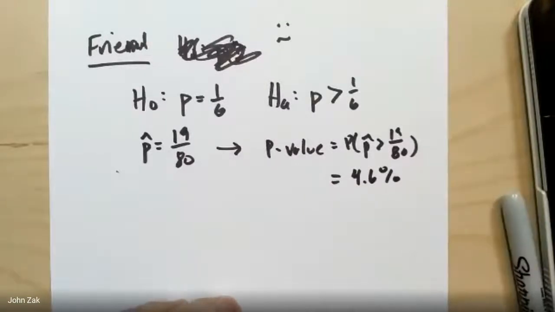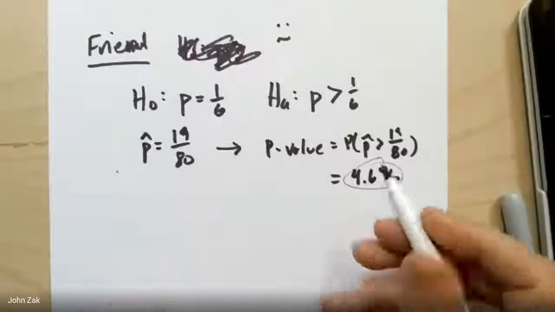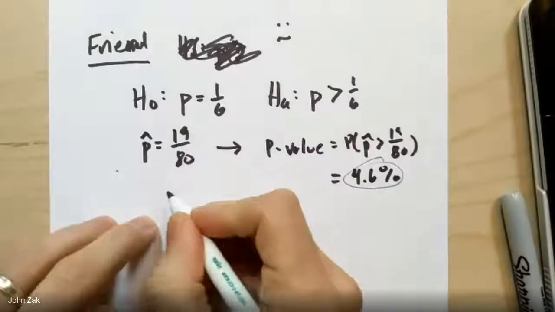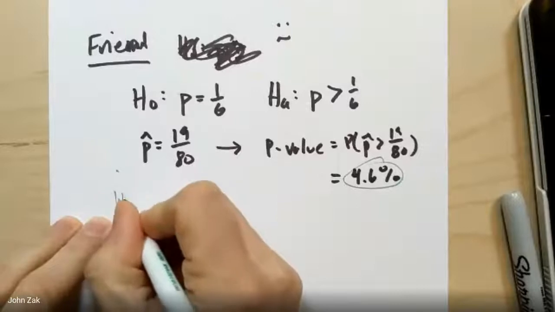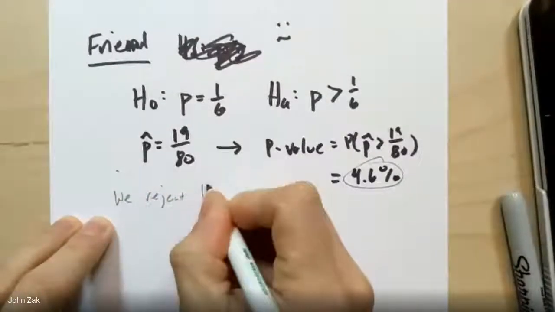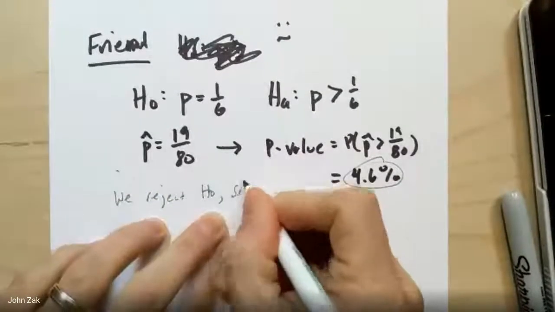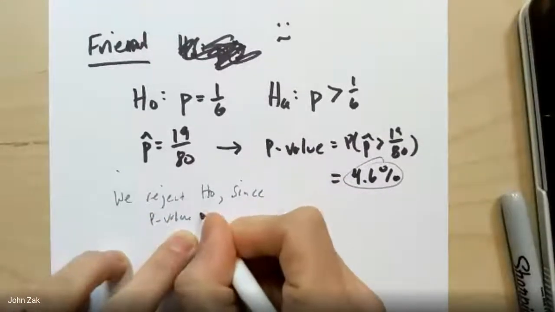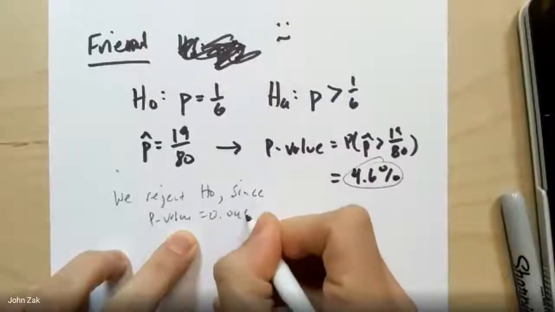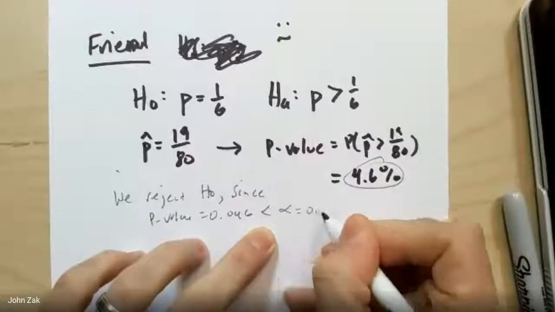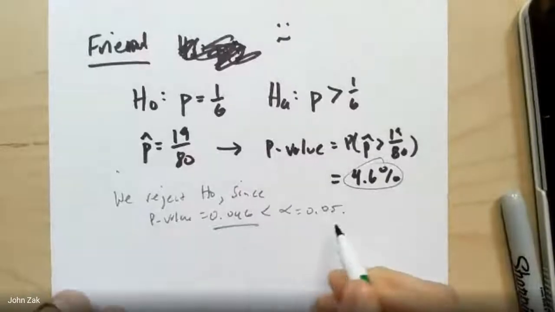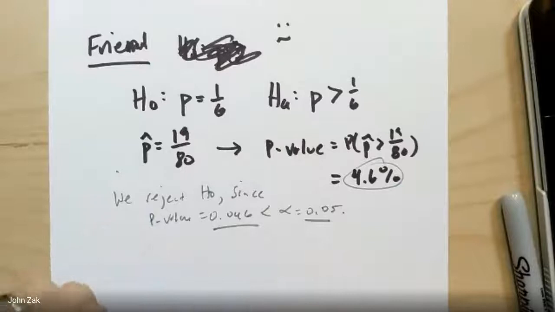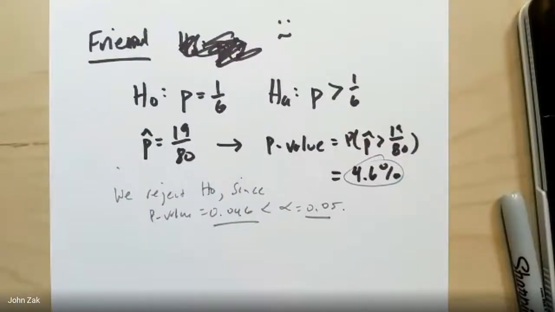And therefore, we said we reject the null hypothesis since the p-value of 0.046 is less than alpha equals 0.05. The p-value was less than our level of significance, so we rejected the null hypothesis.